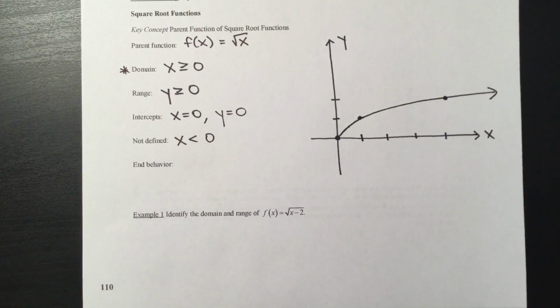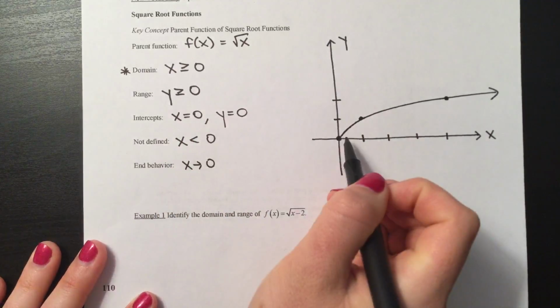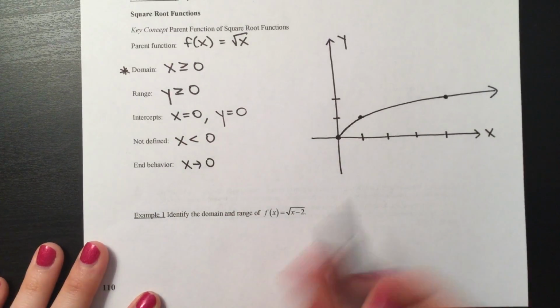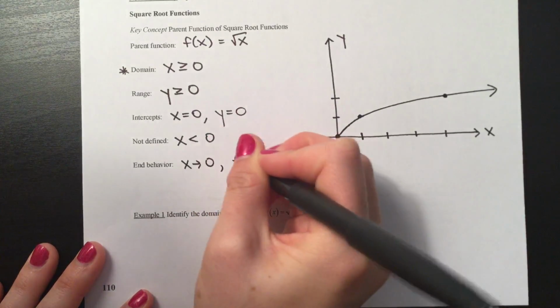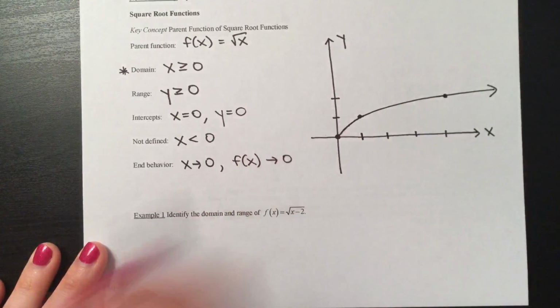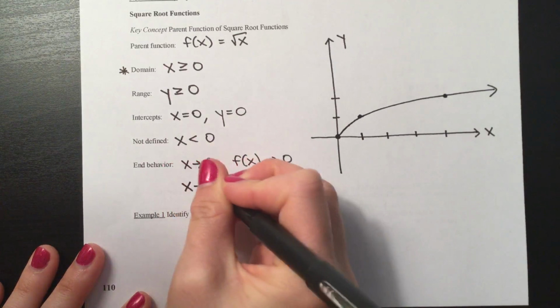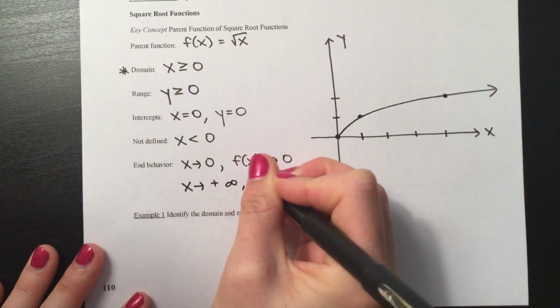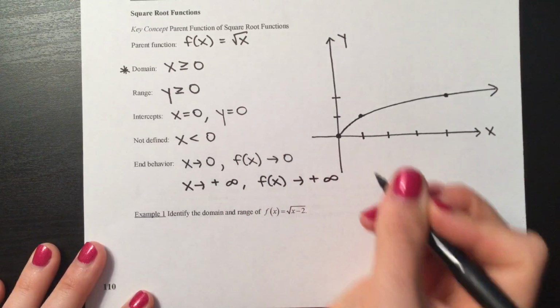So the end behavior, as x approaches 0, this is the end of the graph, it doesn't go off to the left. So as x approaches 0, the function approaches 0, and then it stays there. And then the other end behavior is as x approaches positive infinity, our function also approaches positive infinity. Very slowly, but it does.